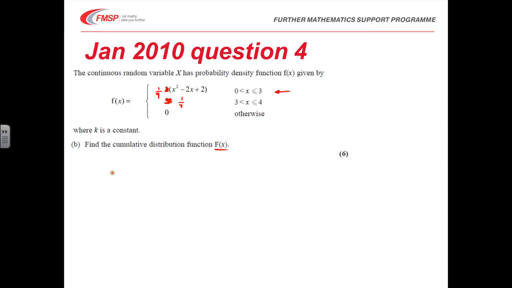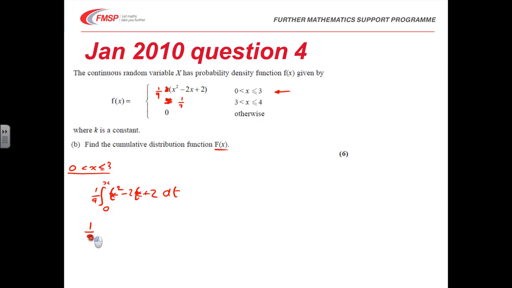So we could go from 0 to 3. So we're going to integrate on the region 0 to 3. We're going to integrate, and the idea is I'm integrating from my lowest value to some given value. So again, what I need to do is actually change my variable to t. So I'm dealing with some idea of a dummy variable.